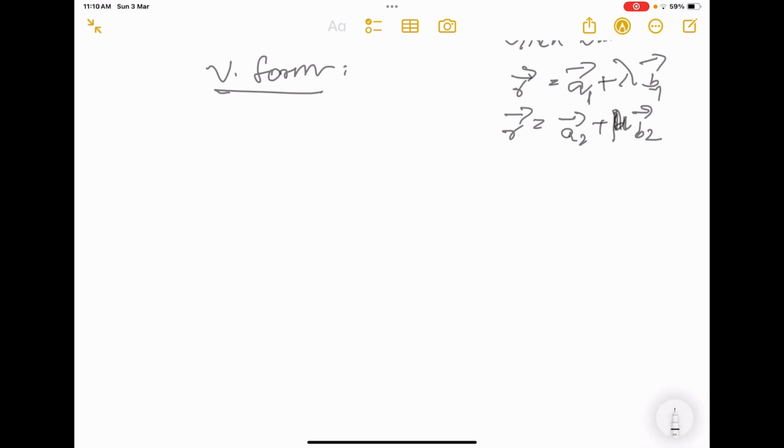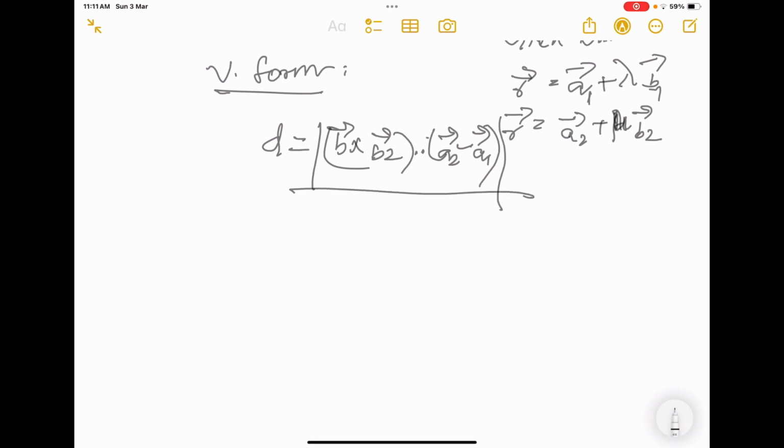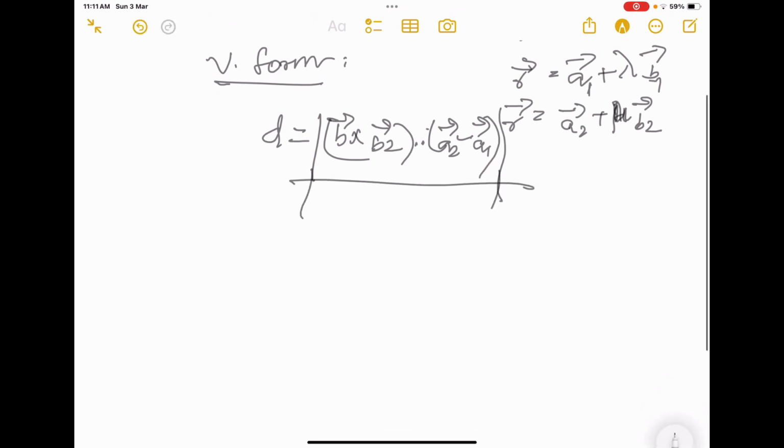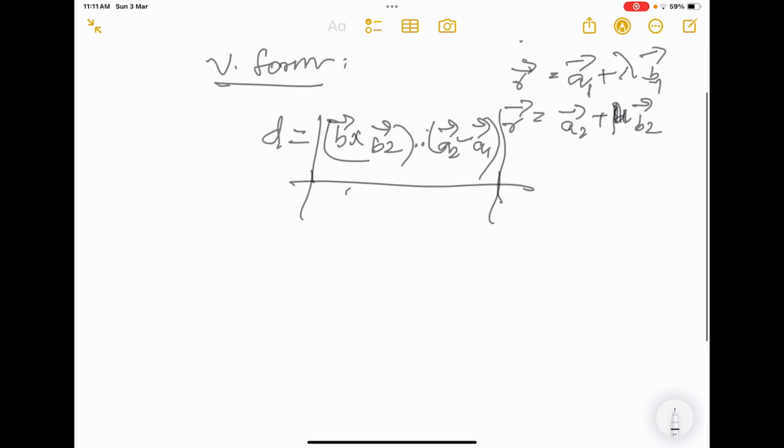Then in vector form, d equal to mod of vector b1 cross vector b2 dot vector a2 minus vector a1, divided by mod b1 cross b2.